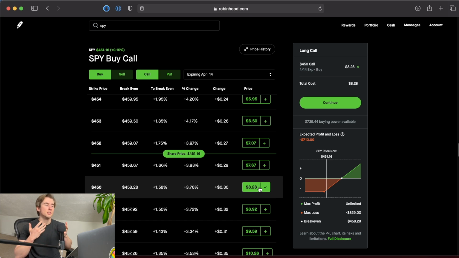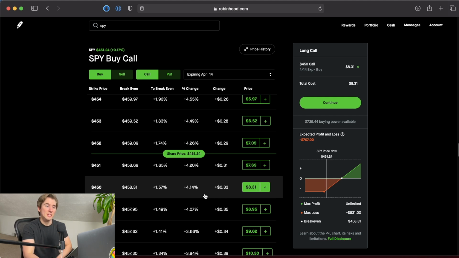So if SPY goes up really quickly, then this option is going to gain intrinsic value. Right now, SPY is at $451. But if SPY goes up by another $1 or $2, this option should gain around $150 of intrinsic value. But it's not quite that simple, because there's this Greek called delta.